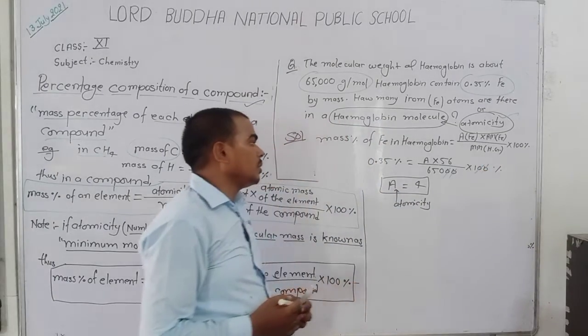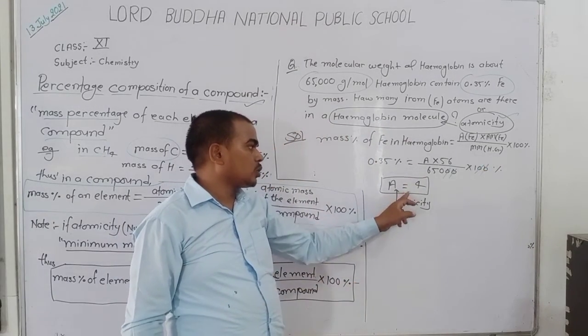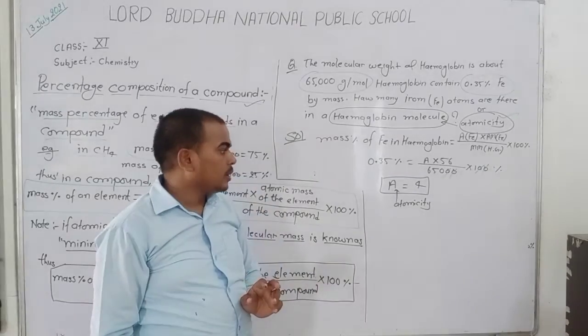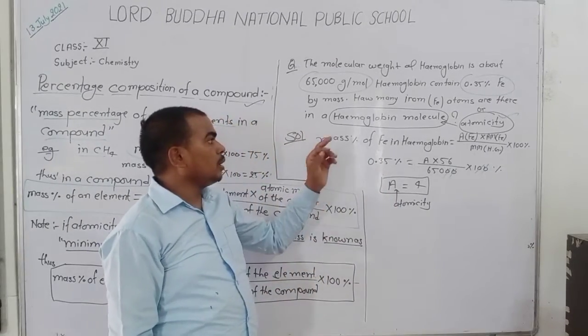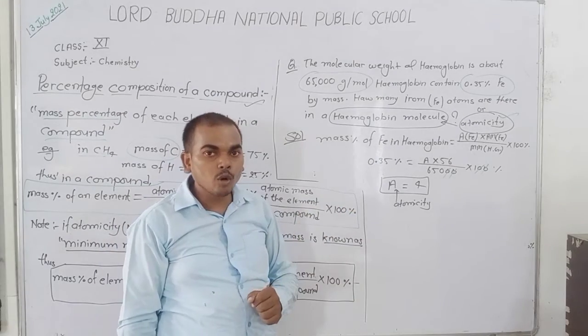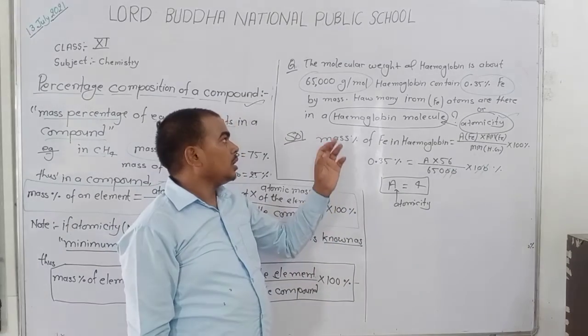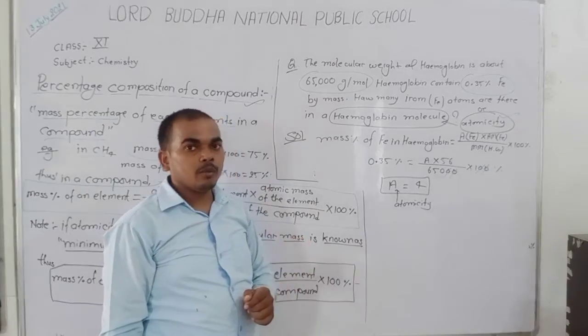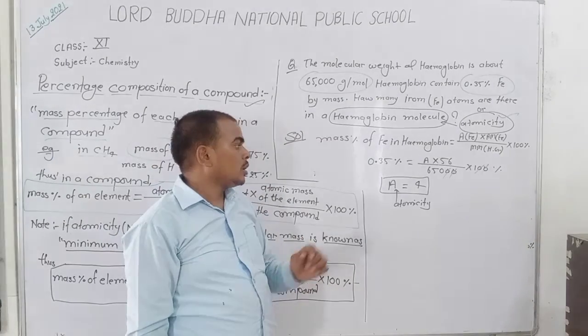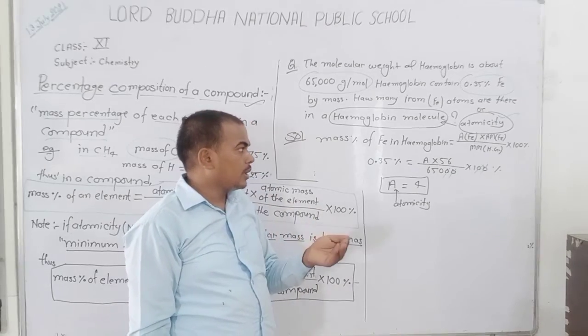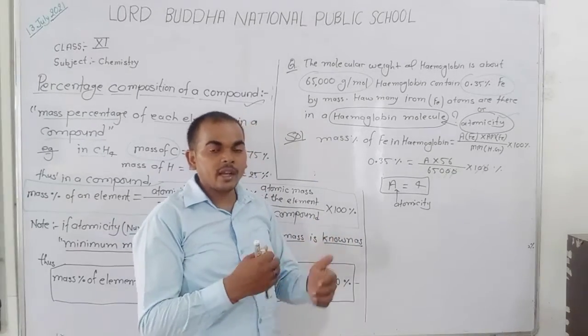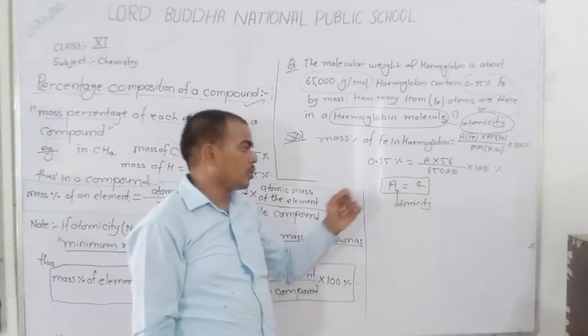You observe the value of A is equal to 4. Here A is atomicity. So in 65,000 gram per mole of hemoglobin, the number of iron atoms present in hemoglobin is 4.